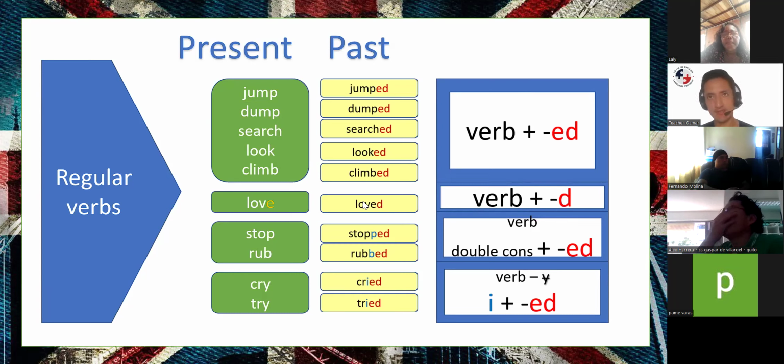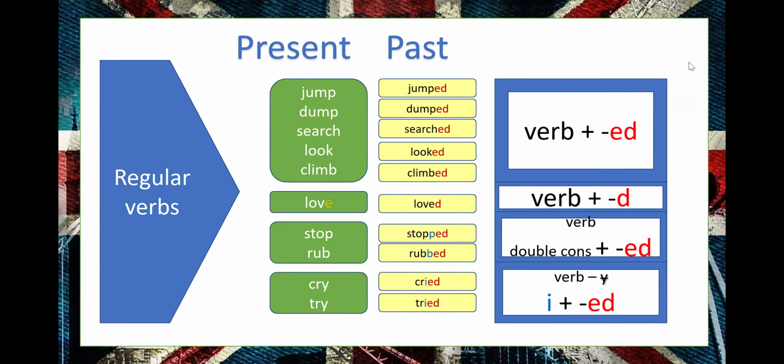Los regulars, ¿cómo terminan? How do they end, the regular verbs? El presente, jump, y jump, sería jump y jumped, con ed. Excellent. Ed. Continue, continue.